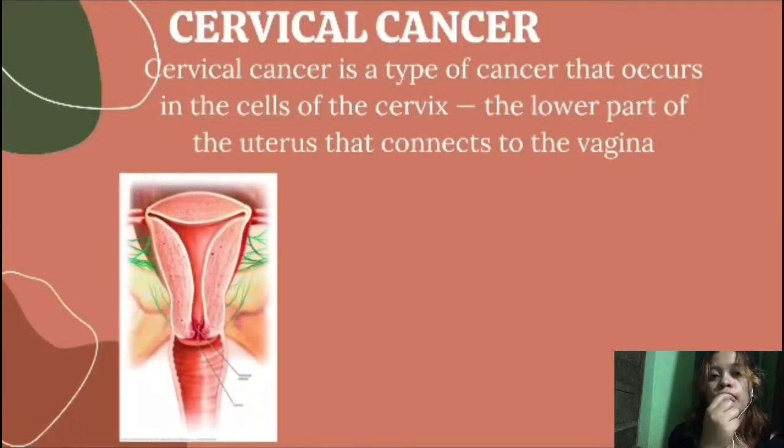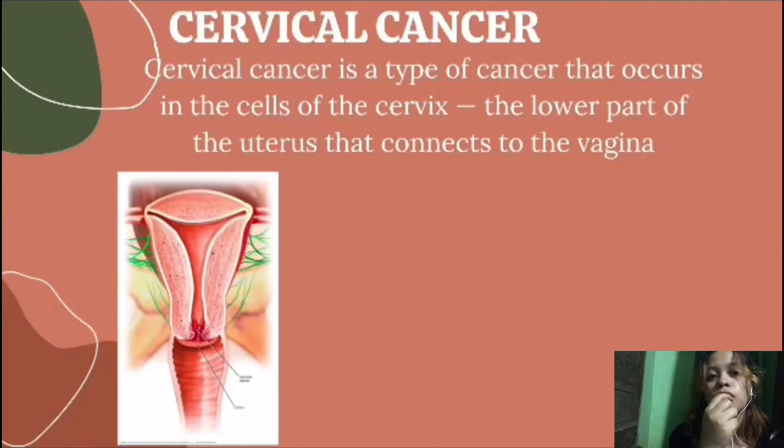So first let us talk about cervical cancer. Cervical cancer is a type of cancer that occurs in the cells of the cervix, the lower part of the uterus that connects to the vagina. Various strains of the human papillomavirus or HPV, a sexually transmitted infection, play a role in causing most cervical cancer.